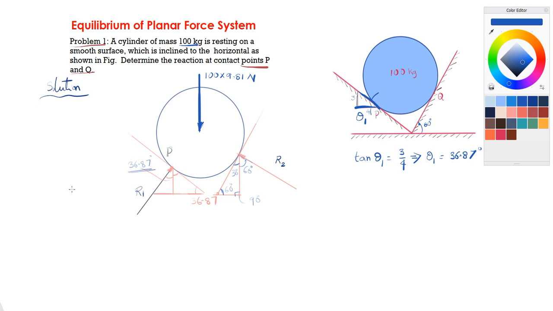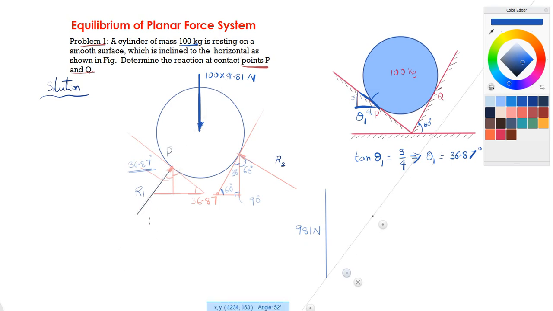Now to solve this problem, we can construct a force triangle. Now let us draw this force triangle. There are three forces. One is 100 into 9.81, that is 981 Newton. Then R1 and R2. So for that, let us first draw a vertical line. So I am taking a vertical here, 981 Newton, and let us draw a force which is in the direction of R1, exactly parallel to the line of action of the force.